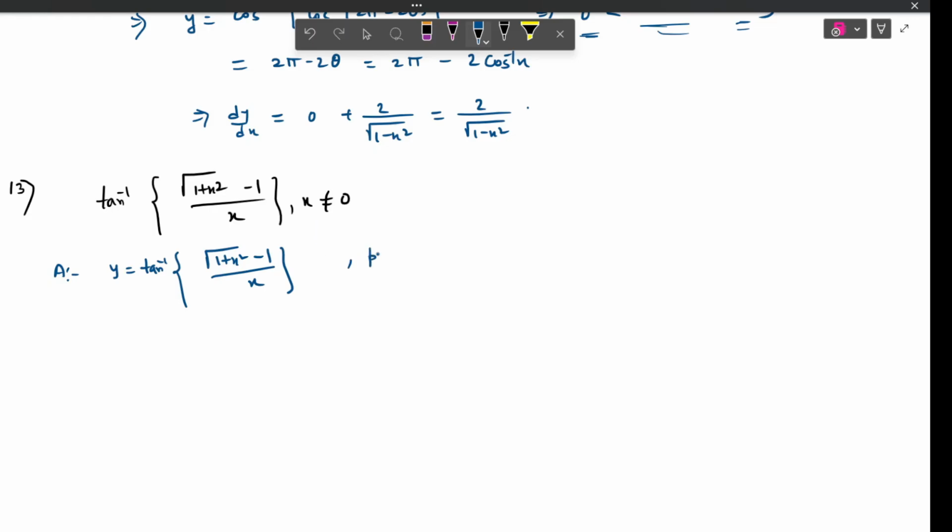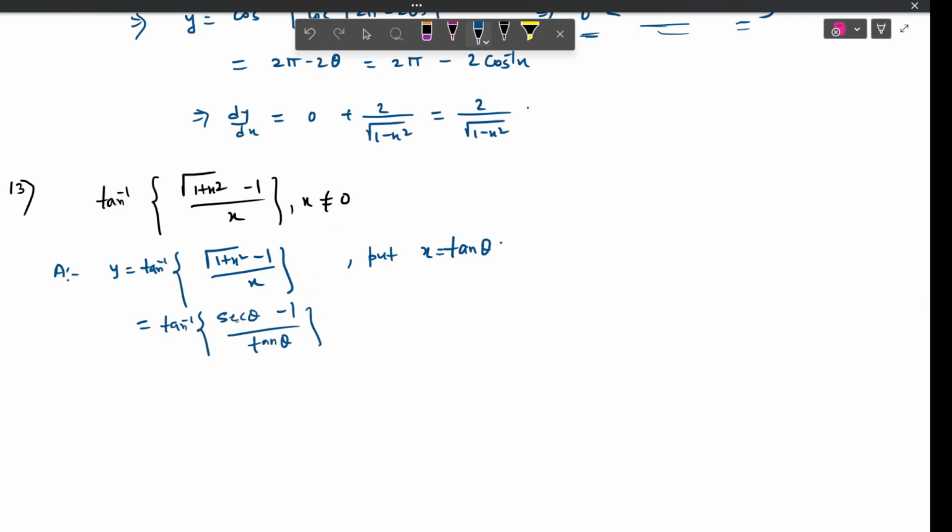So put x equals tan theta. So we get tan inverse of root under 1 plus tan square theta, that is sec square theta, and the square and square root will cancel out. You will get sec theta minus 1 by tan theta.